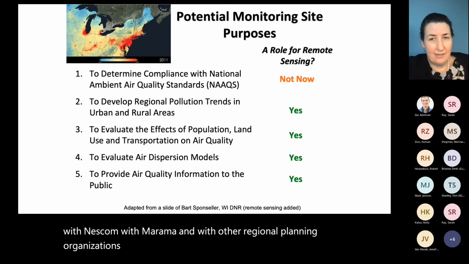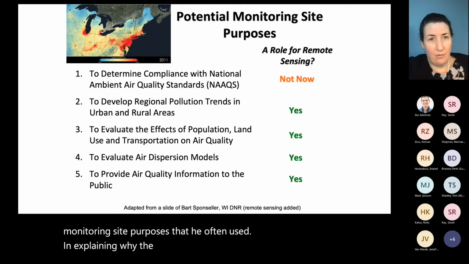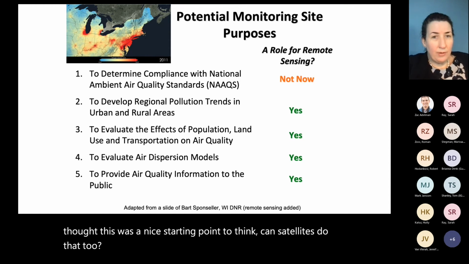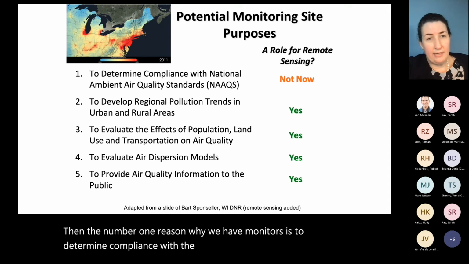But Bart had this slide about the potential monitoring site purposes that he often used in explaining why the state had a monitoring network. And I thought this was a nice starting point to think, can satellites do that too? And the number one reason why we have monitors is to determine compliance with the National Ambient Air Quality Standards.